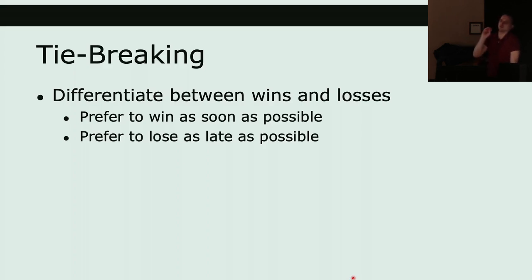Now, in human versus human games, if you're playing chess professionally or in a tournament and you know that you're going to lose, like there's no chance, people will get annoyed at you if you don't resign, right? Why play it out for another half an hour when I'm already going to lose? So sometimes, in human situations, it doesn't make sense to do this, but you would prefer to lose as late as possible, if possible.